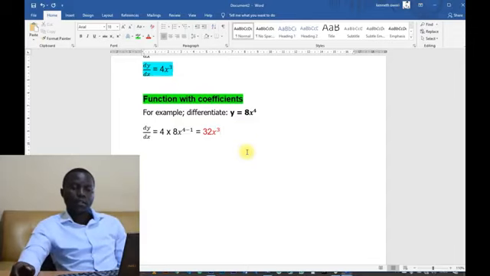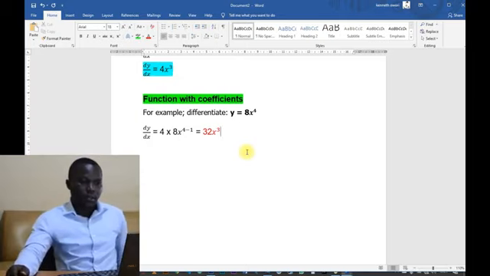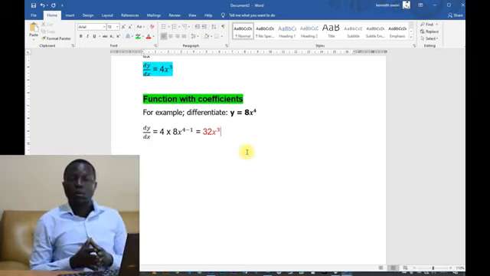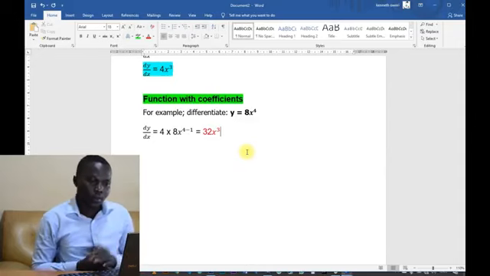So you observe that we are following the first rule, nothing much has changed, and the very basic rule is the one we are applying to this second rule where we have coefficients. Nothing diverts too much away from the basic rule. That is why I said at the beginning that all these rules are linked or connected. We need to know all the rules to be able to find the derivative of the function. So let's continue.